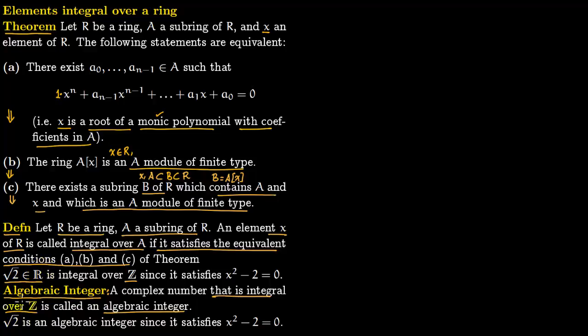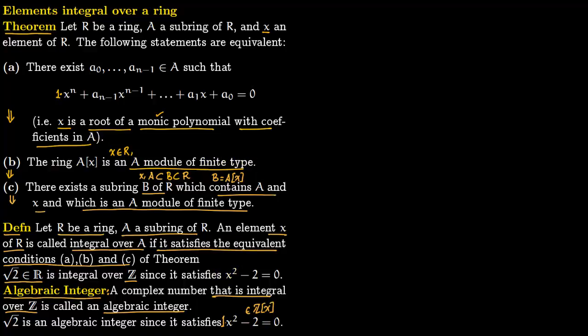It lies in the reals, so obviously it lies in the complex numbers, since it satisfies this equation x squared minus 2 equals 0. You can also say it lies in Z[x]. Its coefficients anyway lie in the integers. You can say this also, which is exactly this.